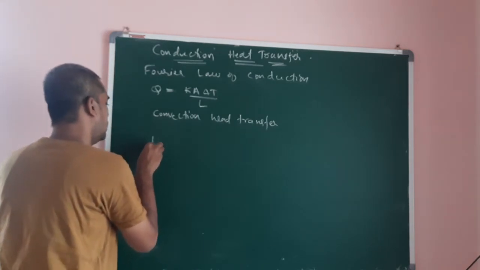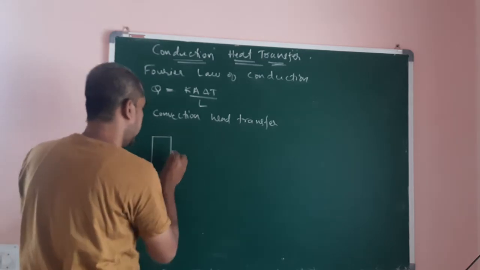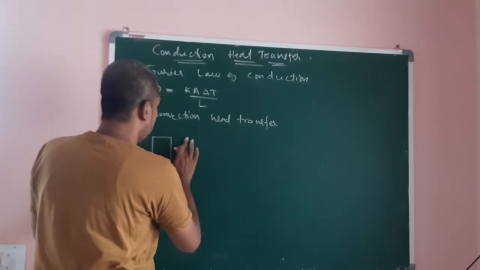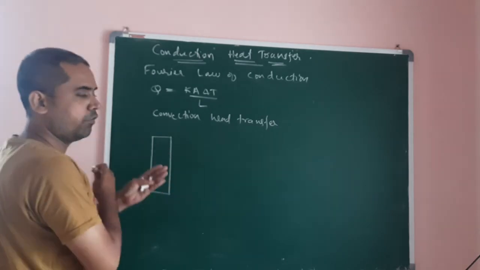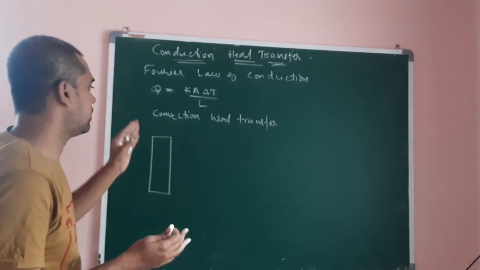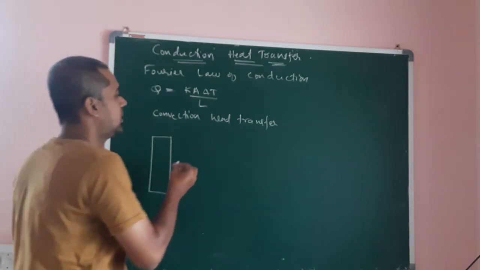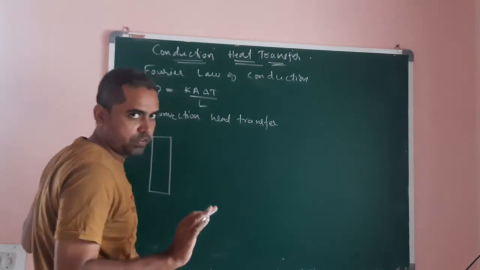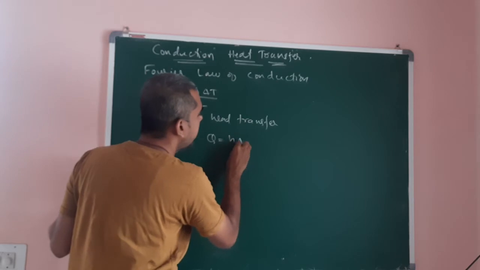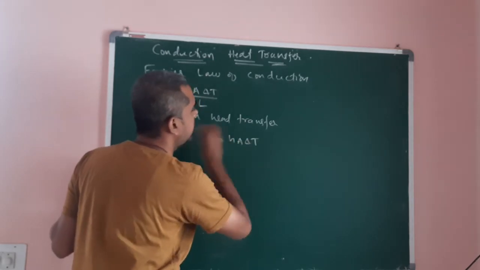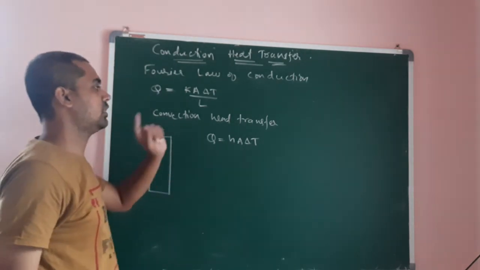If there is a block at a higher temperature, surrounded by a fluid, heat transfer takes place from the surface to the fluid by convection. There a term called heat transfer coefficient will come into picture. Here heat transfer Q is equal to hA into delta T. That is convection heat transfer.